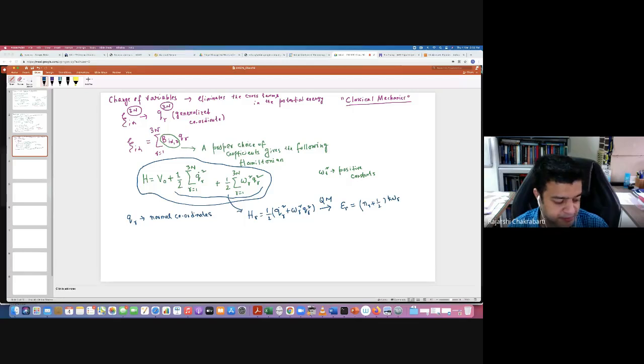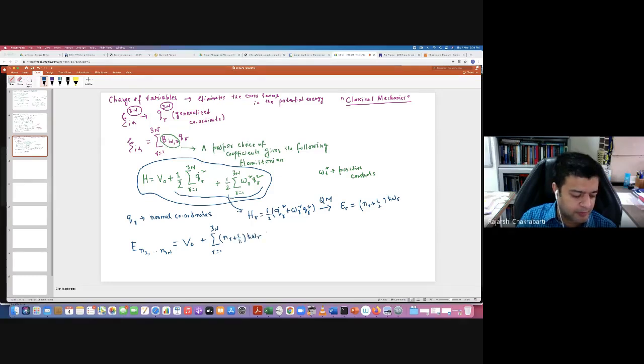So in general, the energy is going to depend on many quantum numbers like n1, n2, n3. This is going to be some constant V0, which I'm carrying with, plus the sum over r from 1 to 3N. Is this clear?